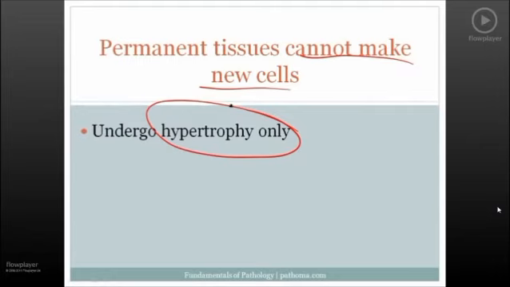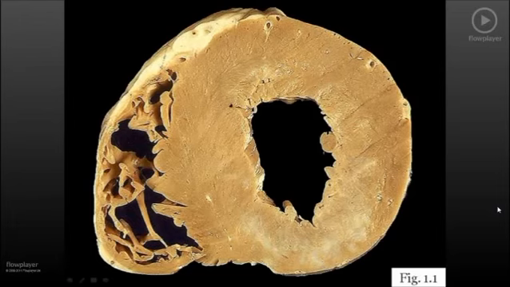Here's a classic picture that likes to show up on exams. This is actually a picture of both the left ventricle and the right ventricle. Here we can clearly see that the left ventricle is very thick and that the right ventricle is basically exhibiting a normal thickness.